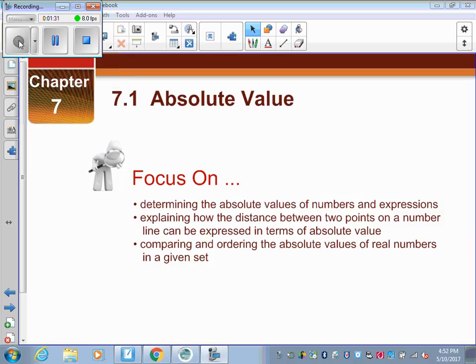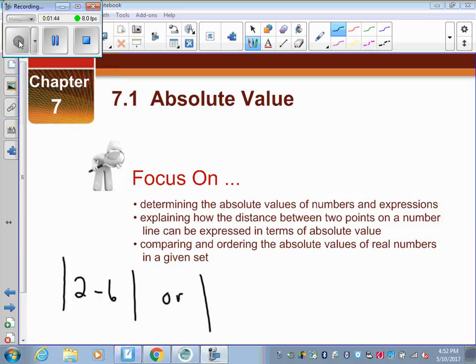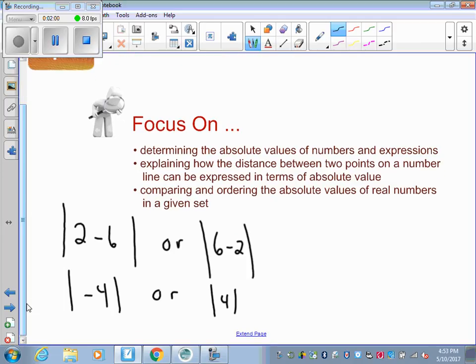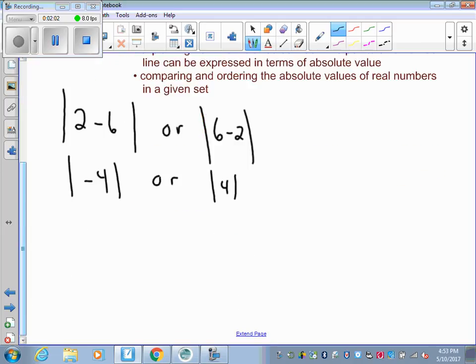Okay? So you're going to be looking at some symbols in this, and we use these symbols here to express absolute value. So when I say the absolute value of 2 take away 6, or the absolute value of 6 take away 2, even though this ends up with a negative here, because I have the absolute value symbols, and 6 take away 2 is just plain old 4, the distance between 6 and 2 is still just 4 units.